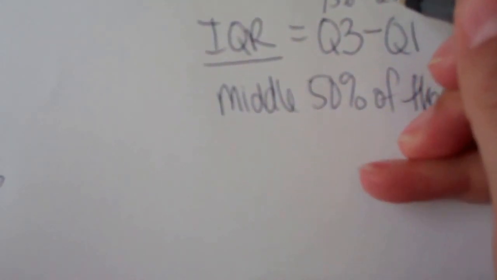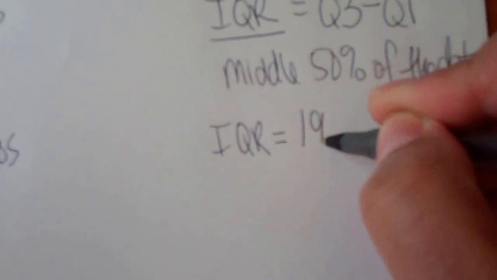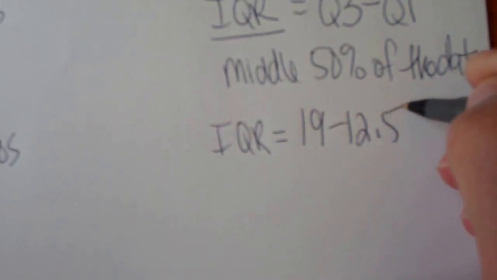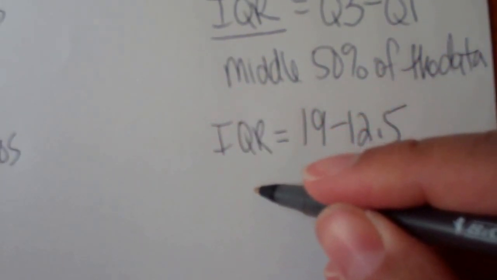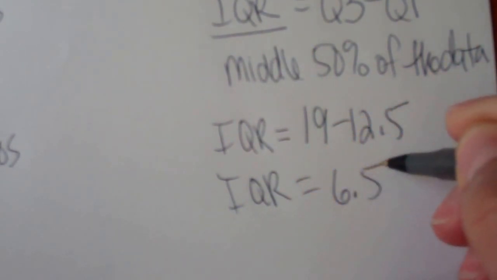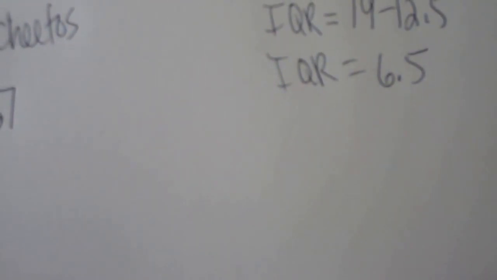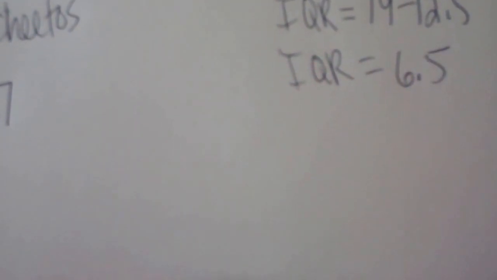So for our IQR, when we looked at our outliers, I believe we took 19 and subtracted 12.5, and that's how we found that our IQR was 6.5.